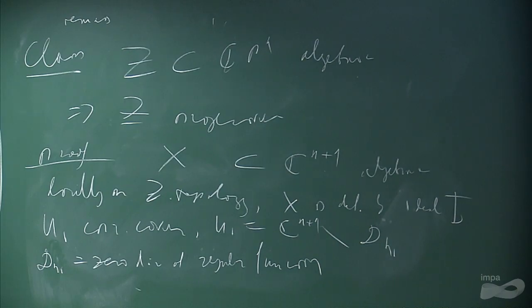So I restricted to U is a finitely generated ideal in the ring. You take polynomials and you invert this h_i. This is the same as O(U_i).